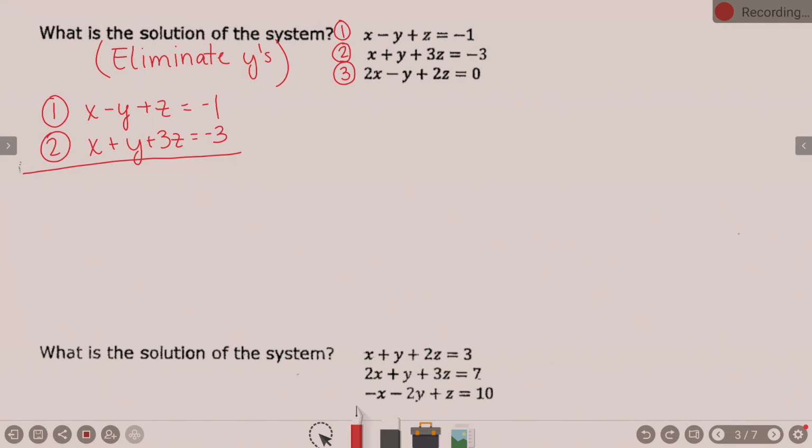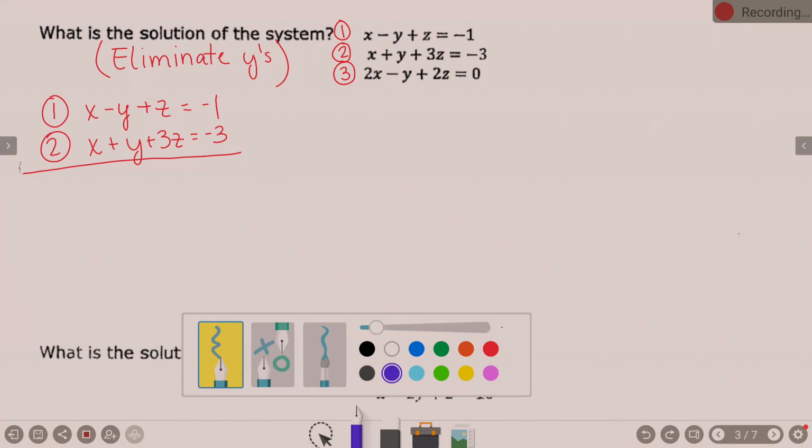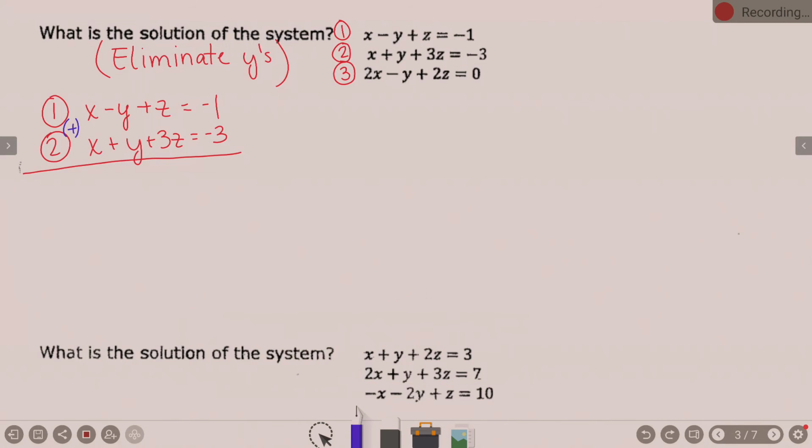So we opted for equations 1 and 2. Are we going to add or subtract 1 and 2? Add, because my y's are opposite signs, negative y and positive y. 1x plus 1x is 2x. No more y's. Negative y plus y, bye-bye.